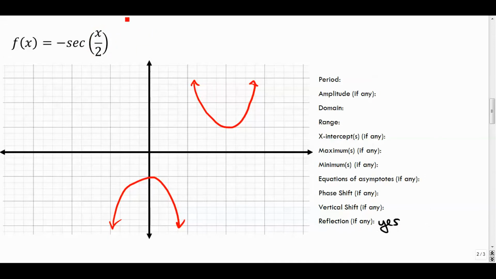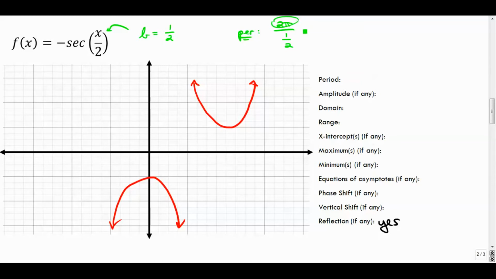Now this x over 2 business changes things, so my b is 1/2. X over 2, my b is 1/2. This is another way of saying 1/2 times x. So if my b value is 1/2, then my period changes: 2 pi divided by 1/2.